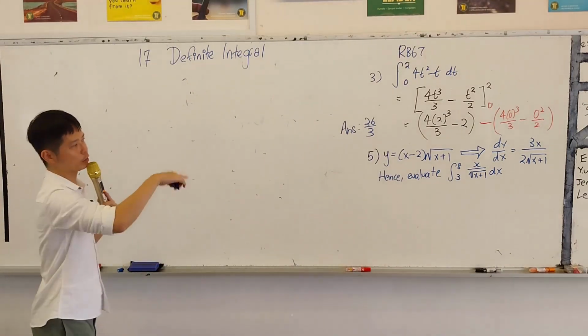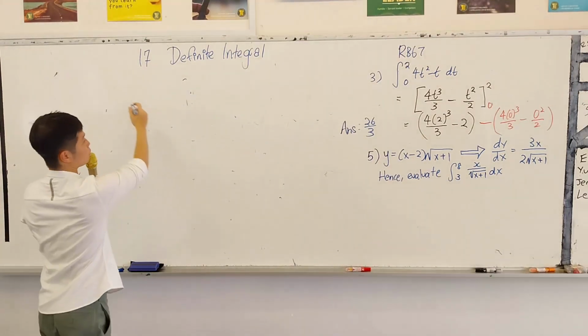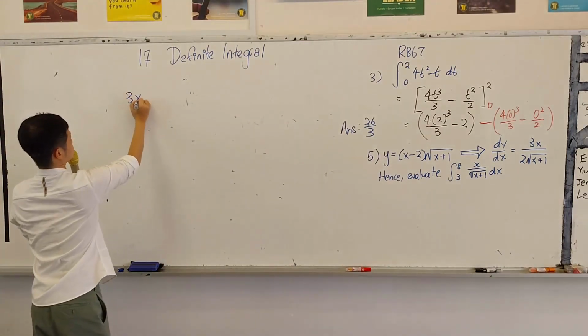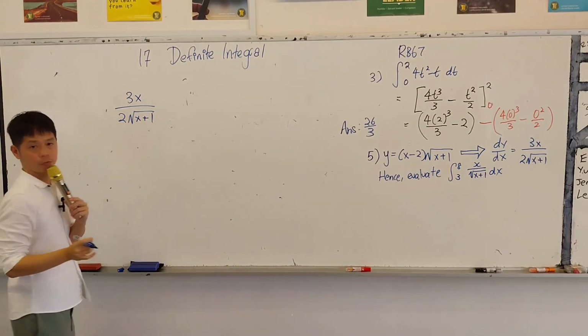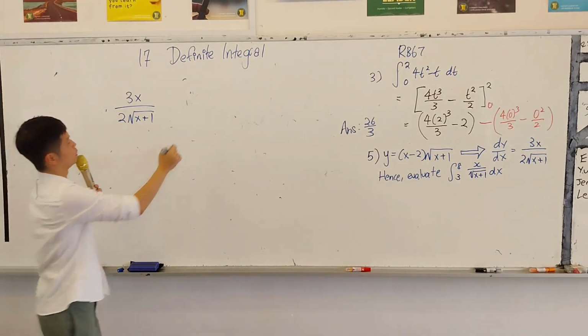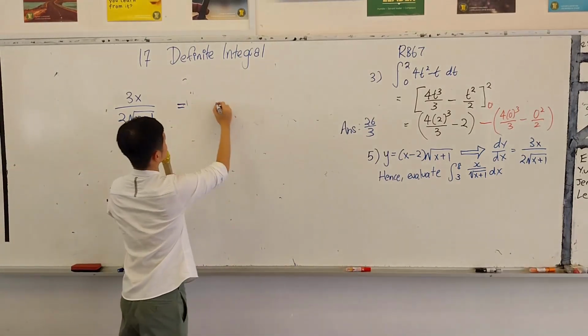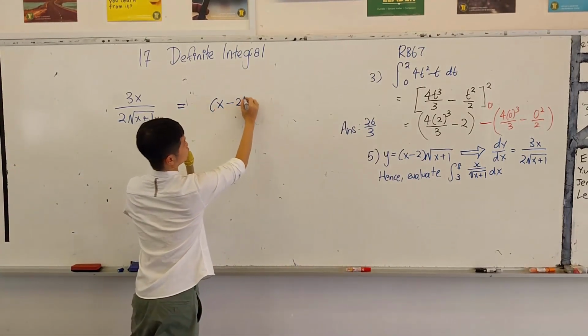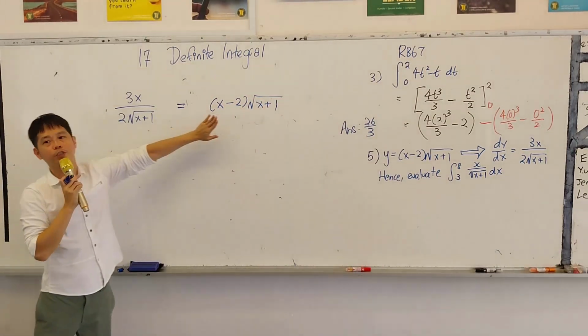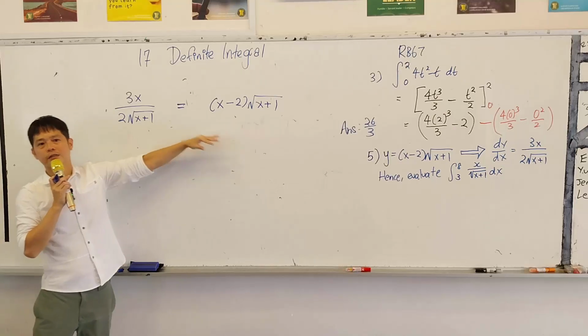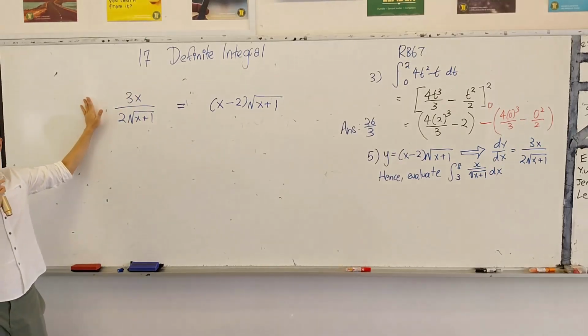Recall, we always write down the part 1 question first. Part 1 question was 3x over 2 square root of x plus 1, and then I will have x minus 2 square root of x plus 1. When I differentiate this, I get the left-hand side.